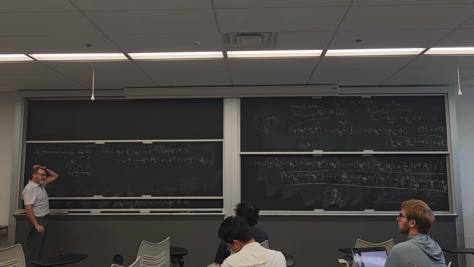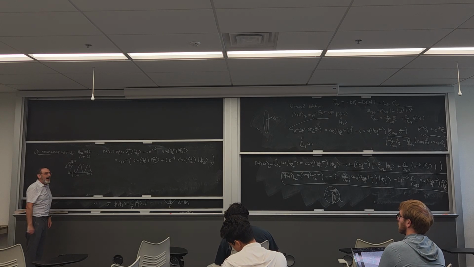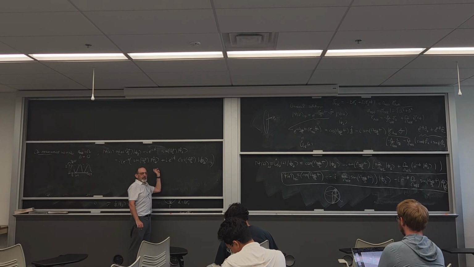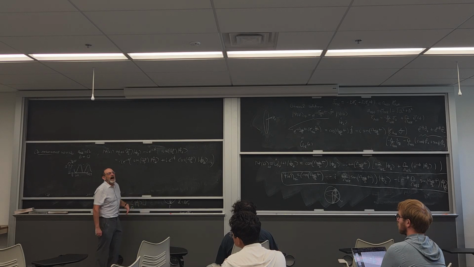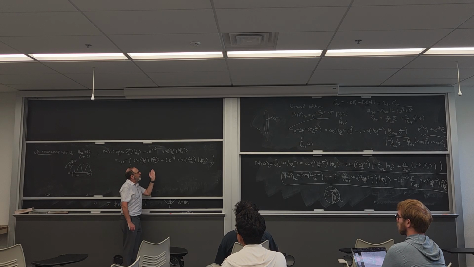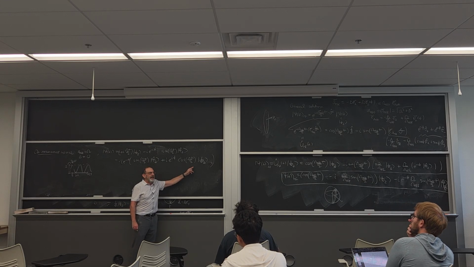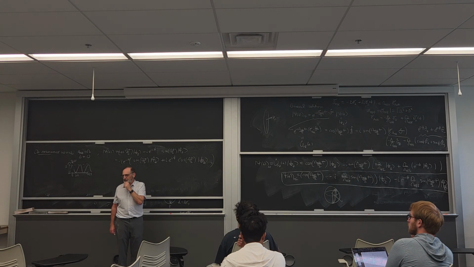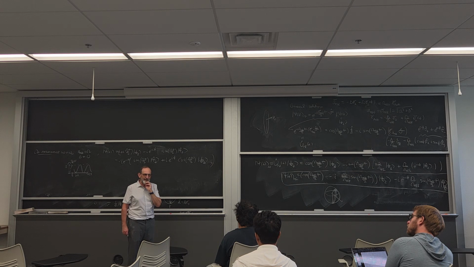However, the phase of the drive determines the relative phase when I make a pi over 2 pulse. So if the phase is 0, I'm rotating around the x-axis, and at a pi over 2, I'll be spin up along y. If the phase were pi over 2, then I would be rotating around the y-axis, right?